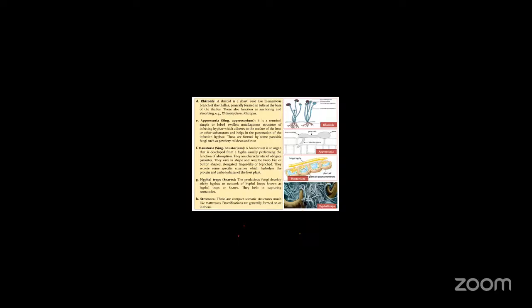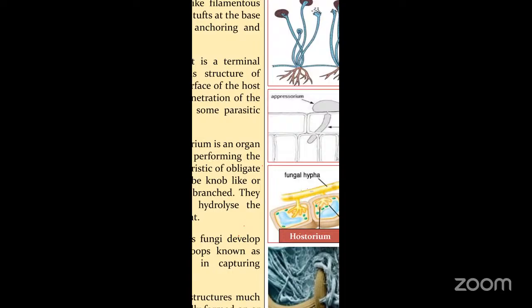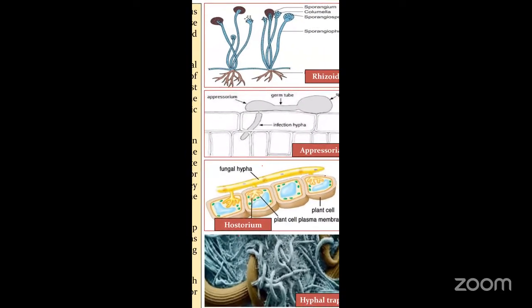It also functions in anchoring and absorbing food material. In Rhizopus and Mucor, we can observe these rhizoids. See here, these are the rhizoids. These rhizoids function to fix the fungus into the substrate. Right?